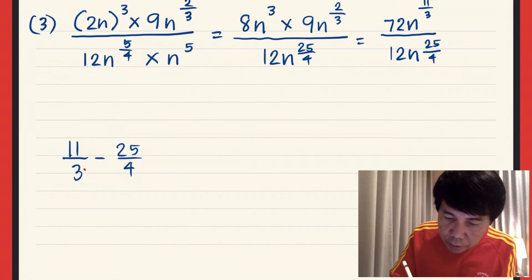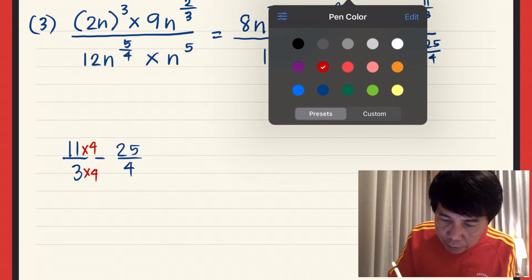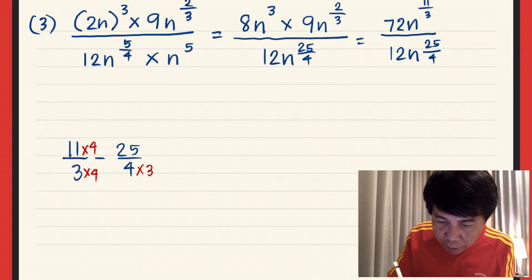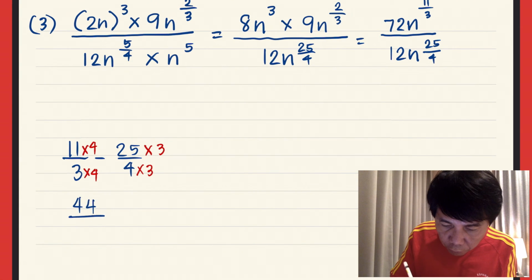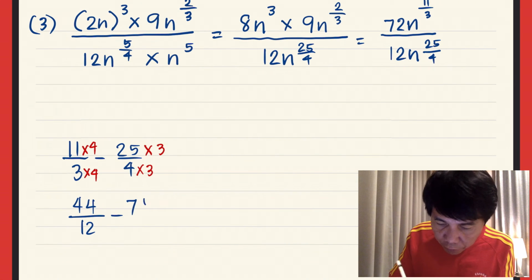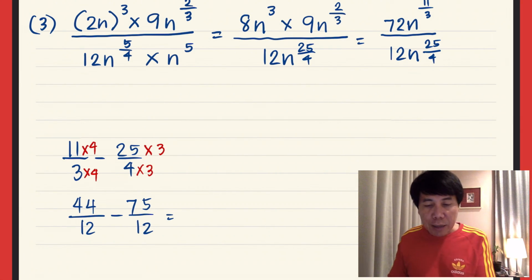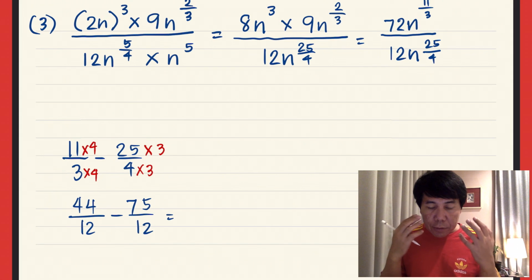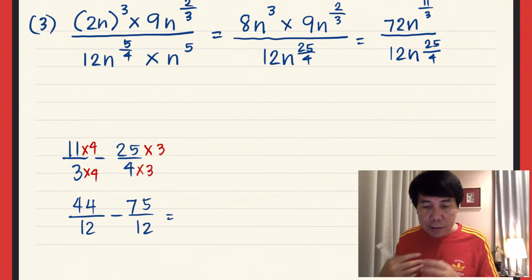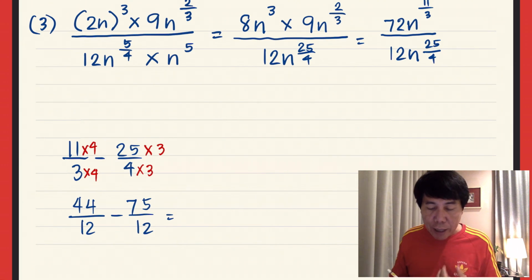If I multiply this by 4, the denominator is 12, so multiply the numerator by 4 also. Here, I multiply this by 3, since 4 times 3 is 12, so this one also is multiplied by 3. So our equivalent fractions now are 44 over 12 minus 75 over 12. The first fraction is smaller than the second fraction, so that means our answer must be negative.